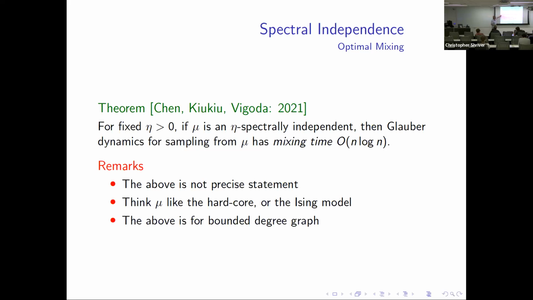But let's see another example for the bounded case. A paper by Chen, Liu, Vigoda shows that if you have fixed eta, and mu is eta-spectrally independent, then Glauber dynamics for sampling from mu has mixing time big O of n log n.